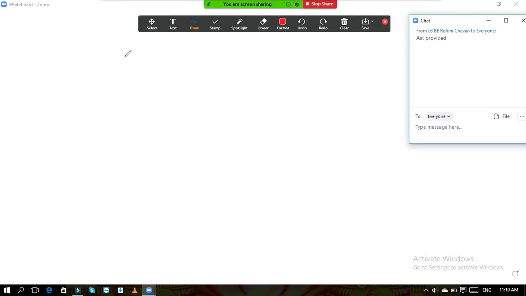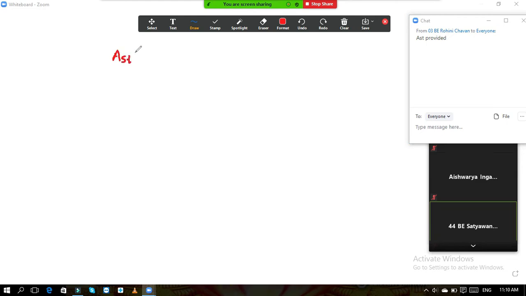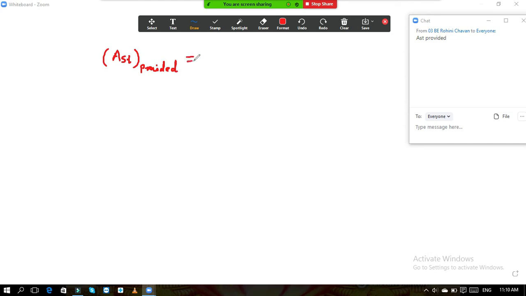AST provided. Okay, so we have designed the steel. What was the value of AST provided? Please let me know the value. 1608.4 mm square.